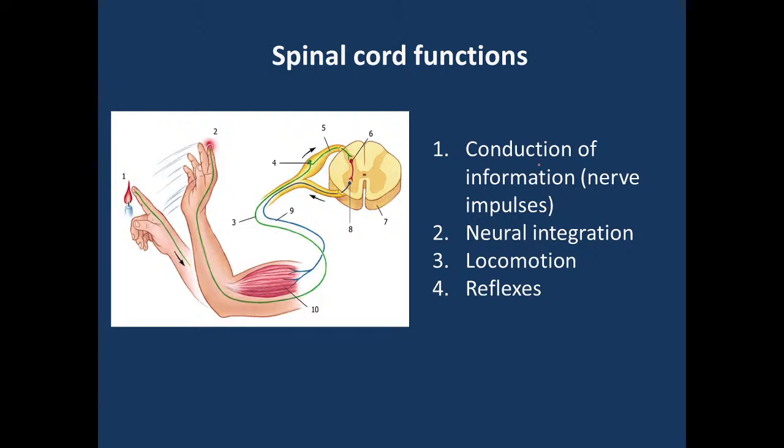Spinal cord contains bundles of nerve fibers that conduct information up and down the body, connecting different levels of the trunk with each other and with brain. It enables sensory information to reach the brain and motor commands to reach the muscles and other organs. We call them effectors.